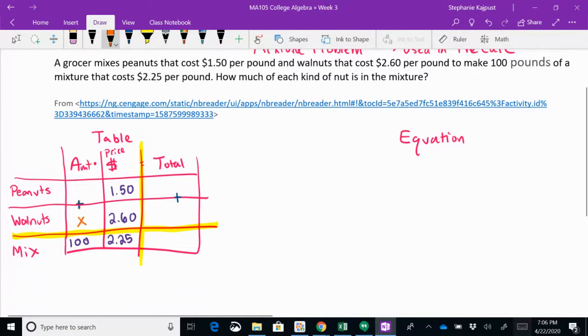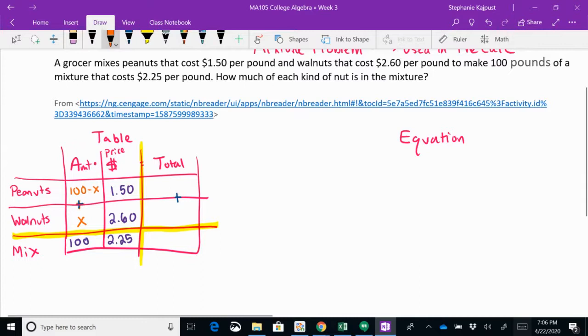And we're kind of working backwards. Peanuts plus walnuts equals a mixture. So if you have the mixture and you subtract the walnuts, that will give you the peanuts. So we have 100 for our mixture. We subtract the walnuts, which is x. That gives us 100 minus x for peanuts. If you add the amounts of the peanuts and the walnuts, that equals 100.